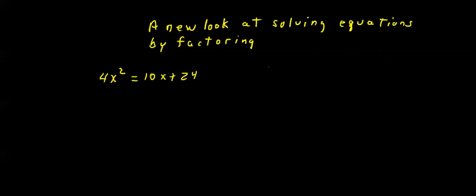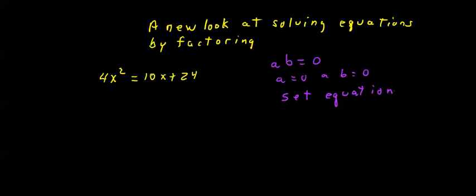First of all, if you remember at the beginning when we talked about this, we had the zero product property. If A times B, a product of two numbers, equals 0, one of those numbers must be 0. Well, here I don't have 0, so I must set the equation equal to 0.